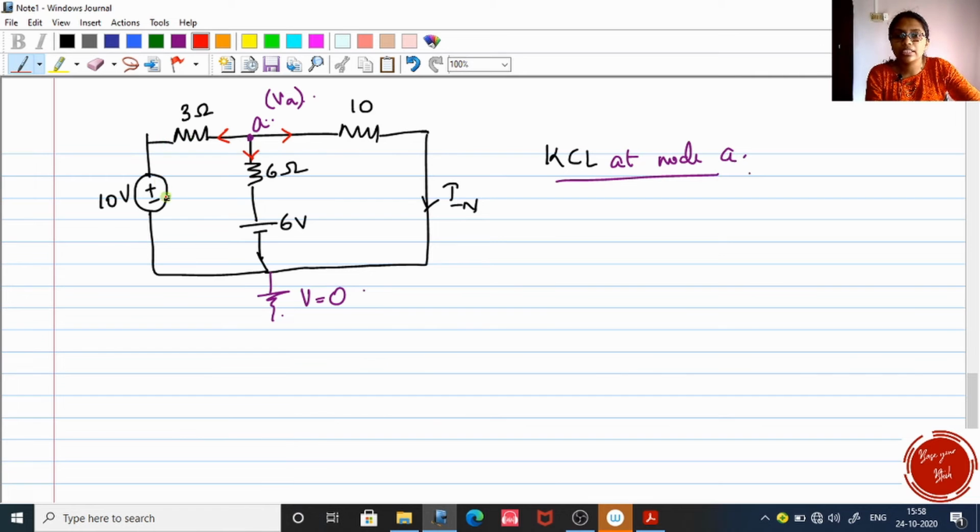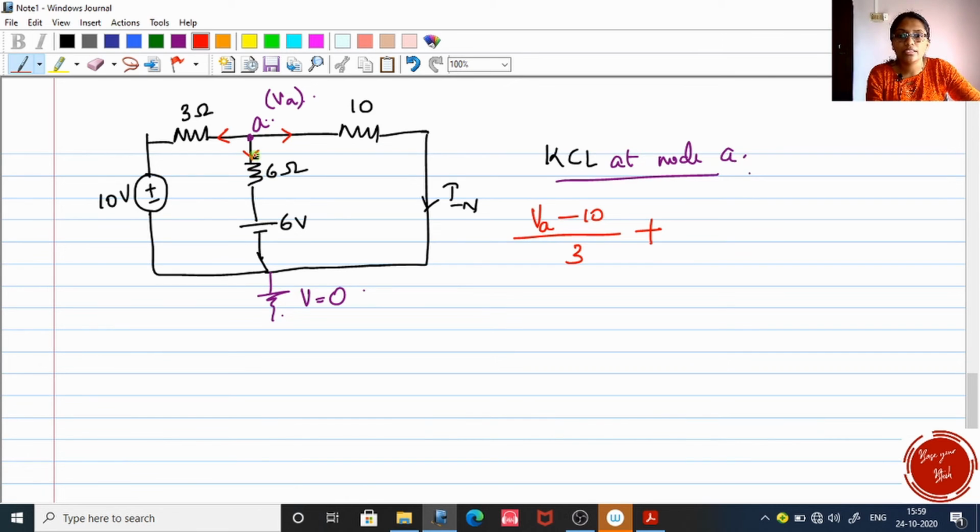Okay. So the first current is (VA minus 10) divided by 3. Why? Because current means voltage difference divided by resistance. Here, since the current is going from right to left, we have to write the potential at the right side minus the potential at the left side, divided by 3 ohms. Isn't it? Plus in the center we have the current (VA minus 6).